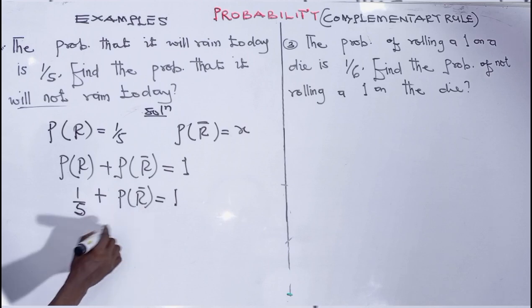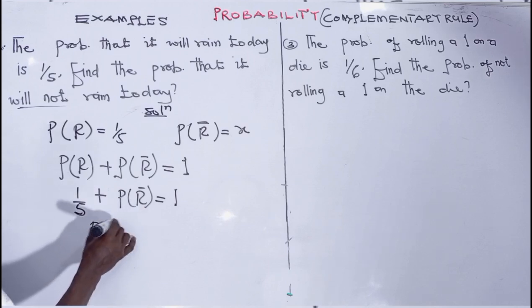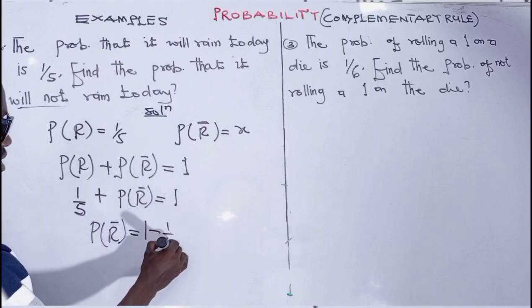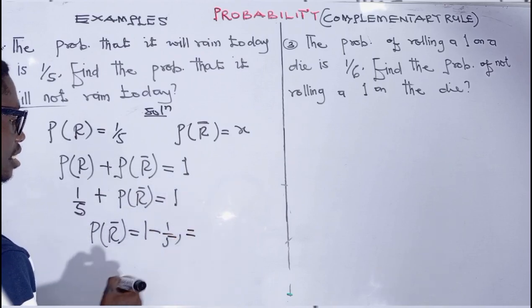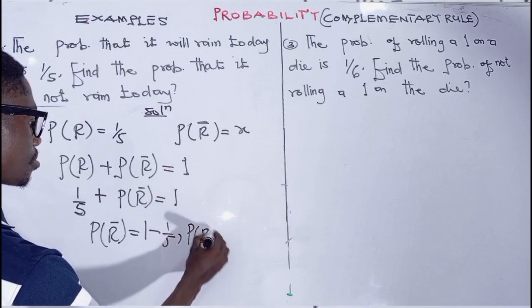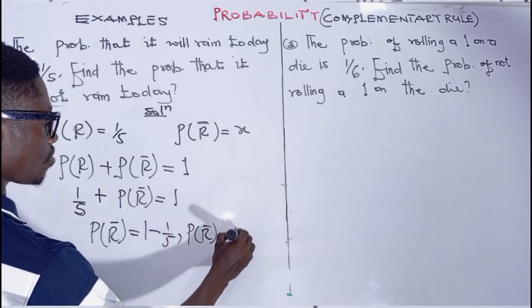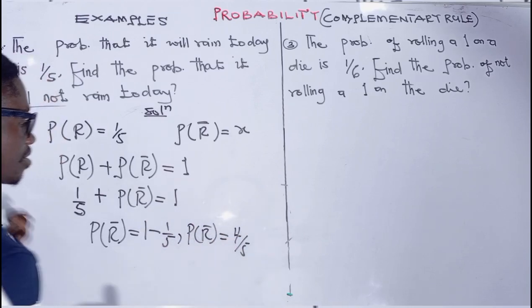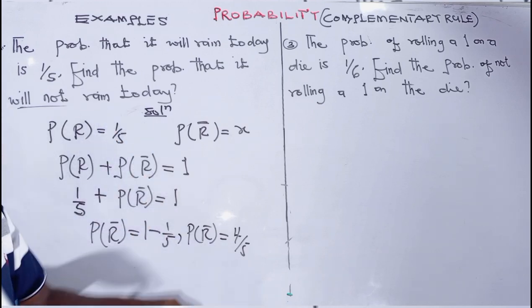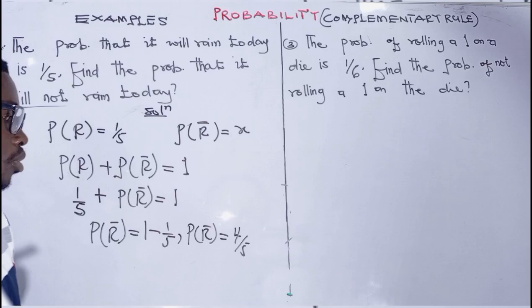We are looking for this, so you can say the probability that it will not rain today is 1 minus 1 over 5, and that is going to give us 4 all over 5. Very, very easy. The probability that it will not rain today is 4 all over 5.